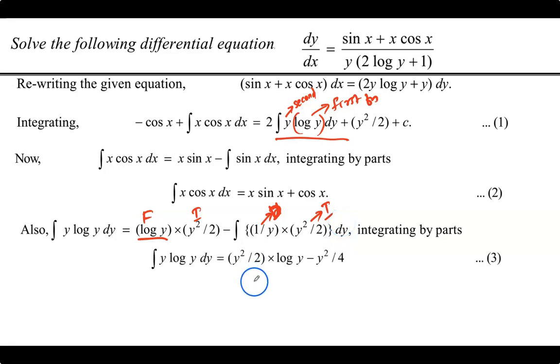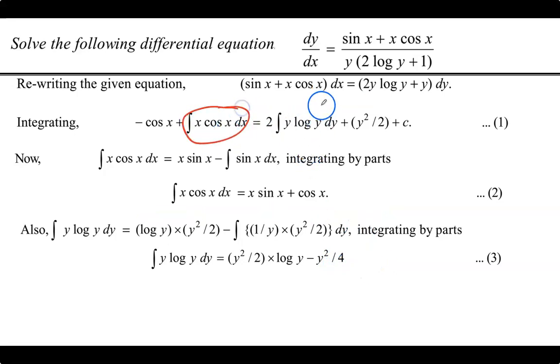And we get integral y log y dy is equal to y square by 2 into log y minus the integral of y by 2 dy, whose value will be y square by 4. Thus we have evaluated both these integrals in equation 1.